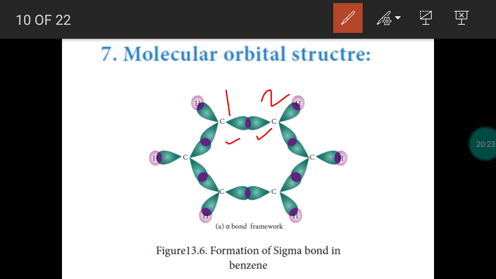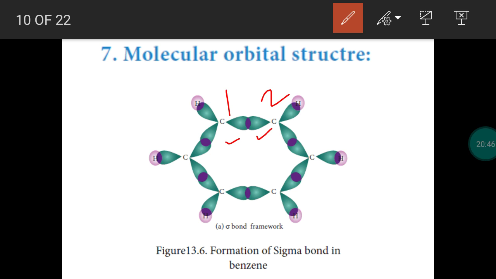It is called linear or head-on overlapping. It will make a sigma type of covalent bond. So between first carbon and second carbon, a sigma covalent bond is formed due to mutual head-on or linear overlapping of sp2 hybridized orbitals with a single electron.